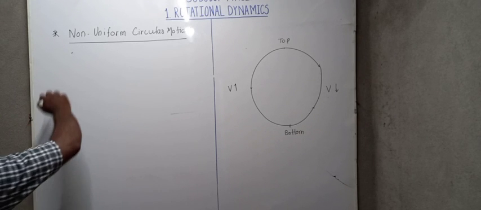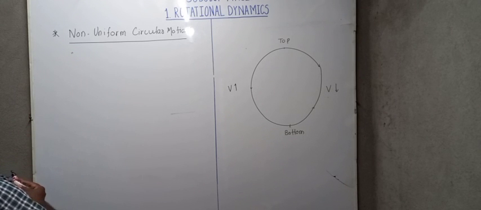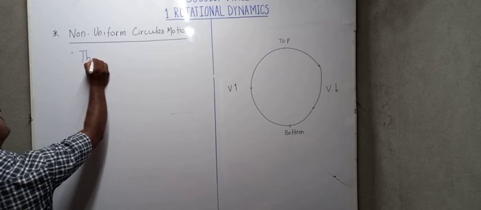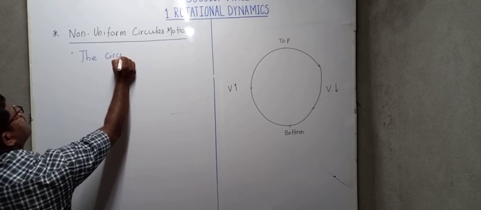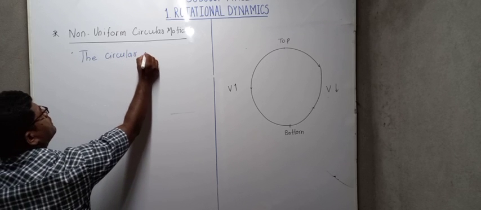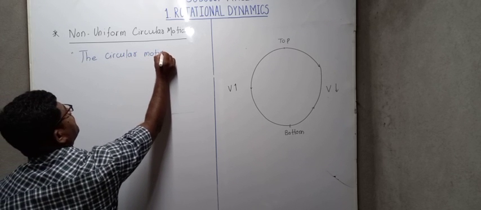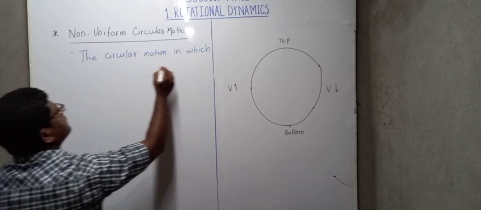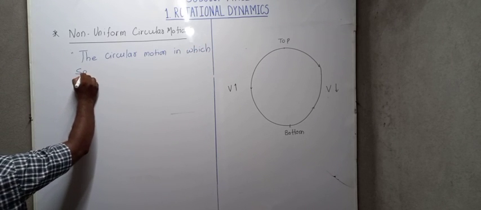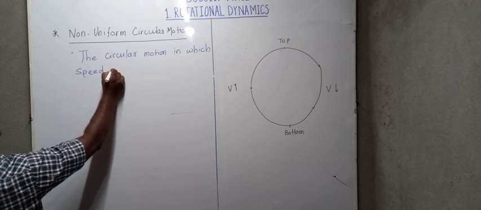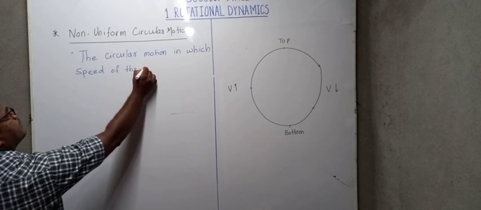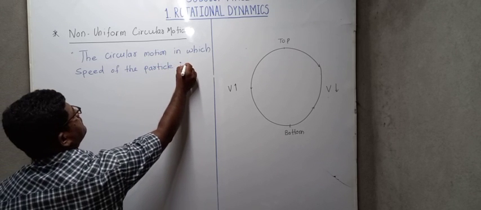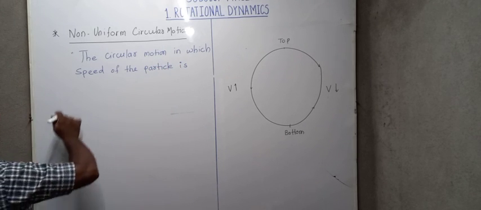We define non-uniform circular motion as the circular motion in which the speed of the particle is not constant.